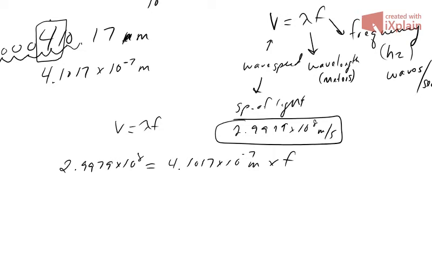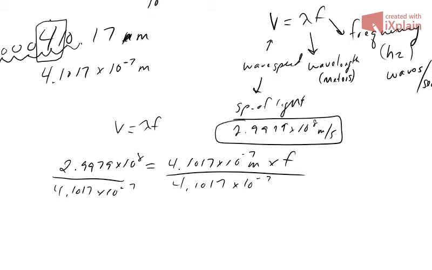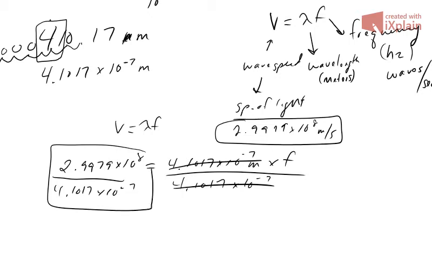So if we want to get the frequency by itself, because that's what we're solving for here, we have to divide on both sides: 4.1017 times 10 to the negative 7th divided by 4.1017 times 10 to the negative 7th. So this and this will cancel out, I should say. And over here, you just put this into your calculator and you will get your answer.